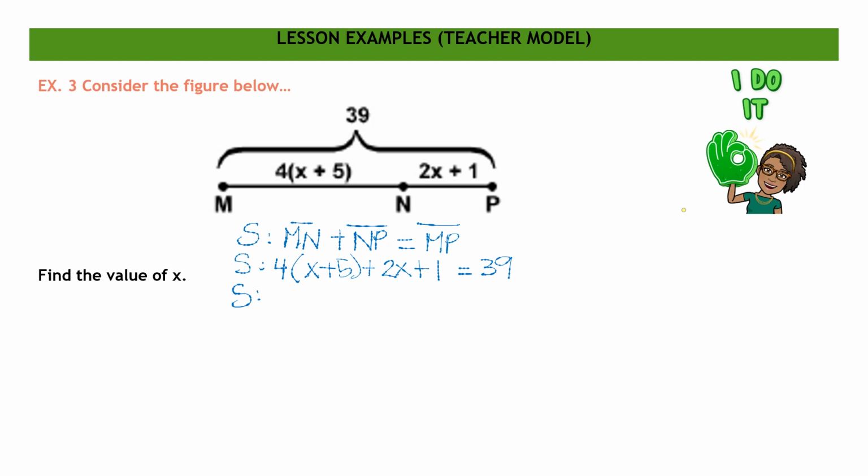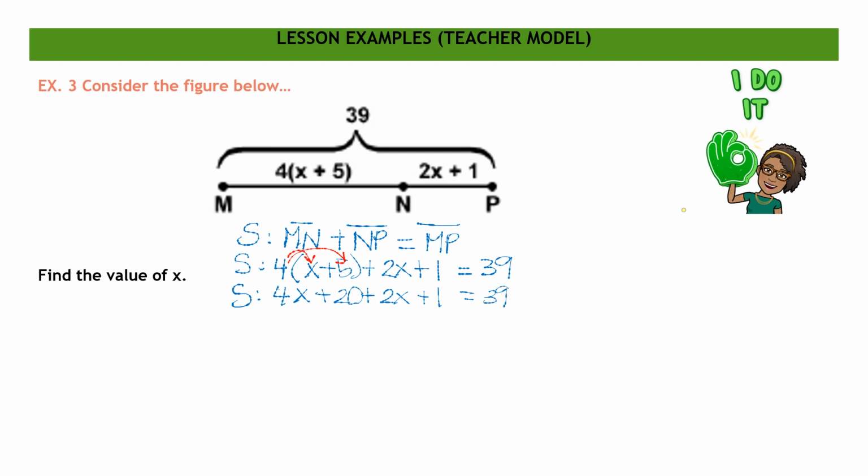So here we're just going to solve this equation algebraically with all the properties that are needed to find the value of x. Here I have this 4 that is on the outside of the parentheses, and we're going to distribute that 4 to everything inside of the parentheses. So this gives us a 4x plus 20, and then we bring down everything else in our equation.